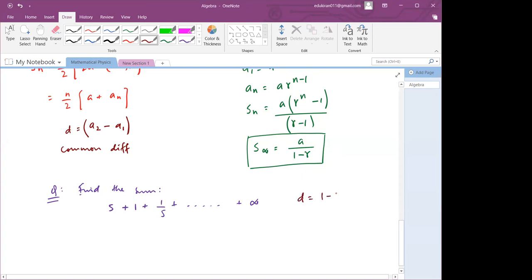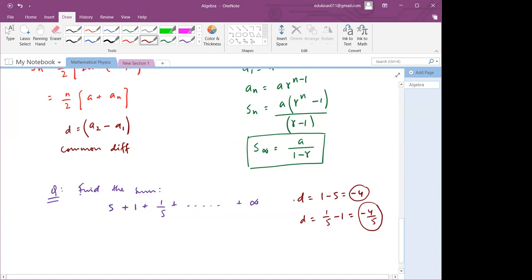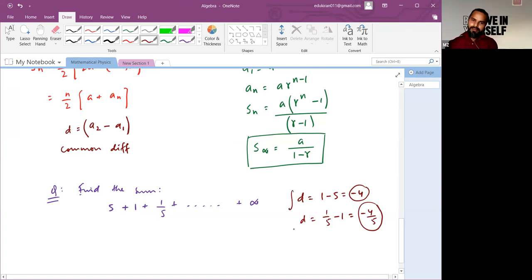So it will be 1 minus 5, which is minus 4. If you take the difference of the next pair, it will be 1 by 5 minus 1, so minus 4 by 5. Are these two differences the same or not? Not the same. Okay, so we can say this is not in AP.